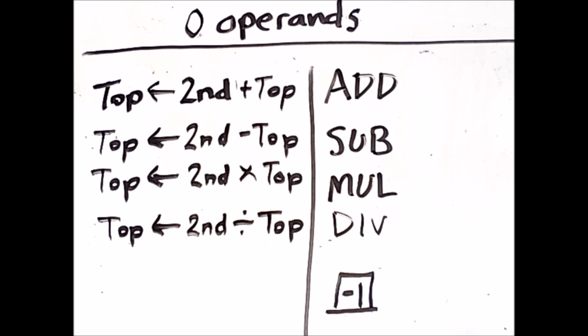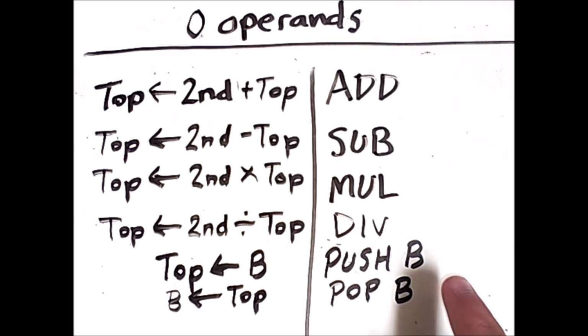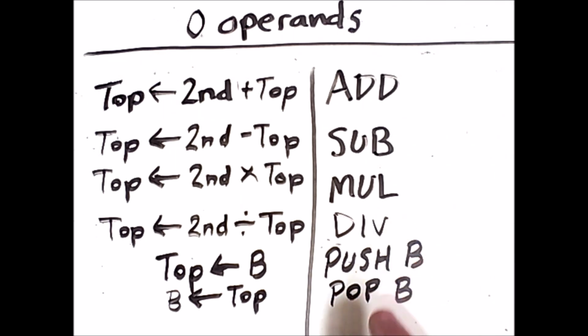However, to actually get elements on the stack, we do require some simple operations that take a single operand, namely push and pop. The push operation takes a designated operand, in this case B, and makes it the new top of the stack, pushing everything else down. The pop operation will take the top off of the stack and store that element into B. Usually when we have this backwards arrow, we're really copying a value, but in the case of these two operations, we really are modifying the stack.